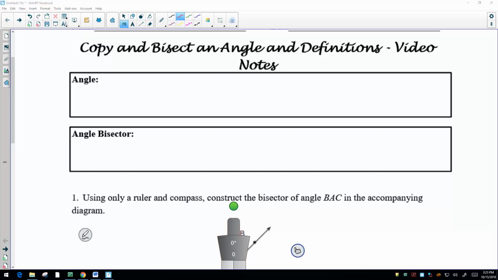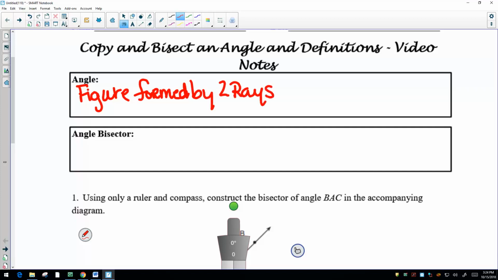Today we're going to be learning about copying and bisecting an angle and some basic angle definitions. First thing, we need to know what an angle is, and we will define this by saying it is a figure formed by two rays that share a common endpoint, and we're going to call this endpoint a vertex.